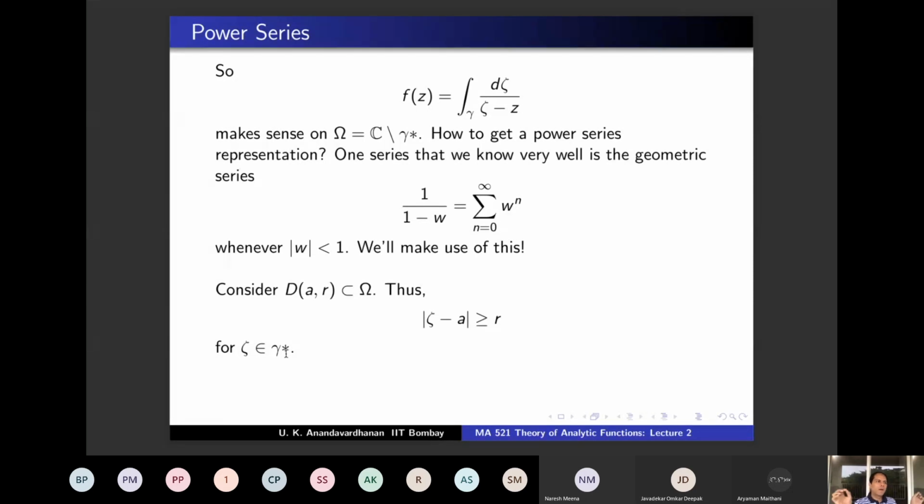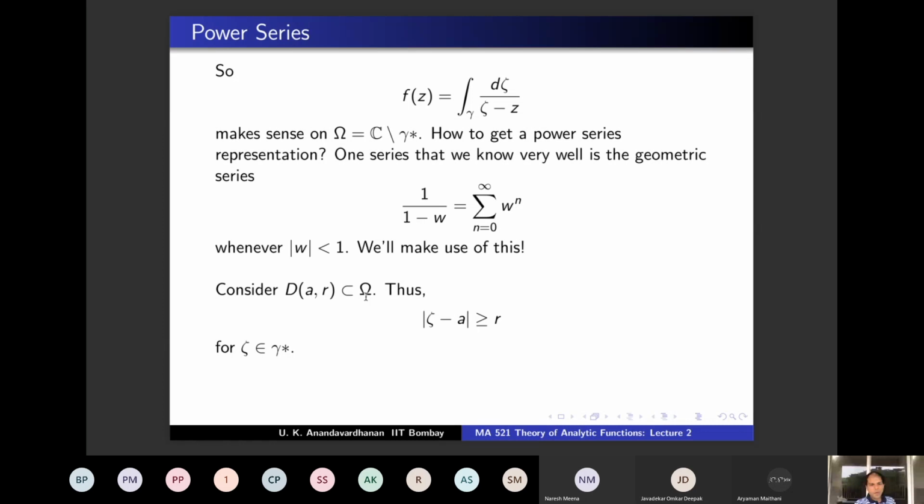So you have some curve gamma and you are taking a point zeta on gamma, and omega is the complement of gamma star, and you are taking a disk there, D(a, R). So zeta is farther from a than R. R is the radius, the boundary circle of the disk. This is an open disk, and the distance between a and the boundary is R, and zeta is farther.